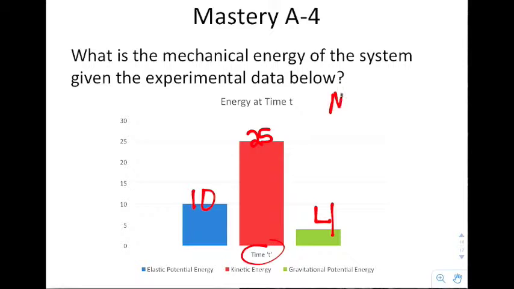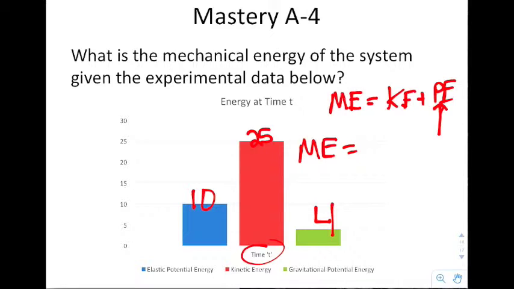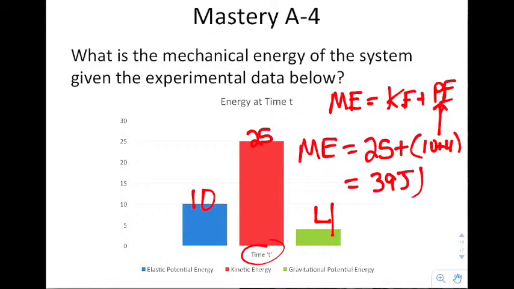Remember, mechanical energy is the sum of the kinetic and the potential energies. And this potential energy is referring to all potential energy. So when we solve for the mechanical energy in this case, the mechanical energy would be 25, which is our kinetic energy, plus 10 plus 4. As a result of that, you can say that the total energy is 39 joules.